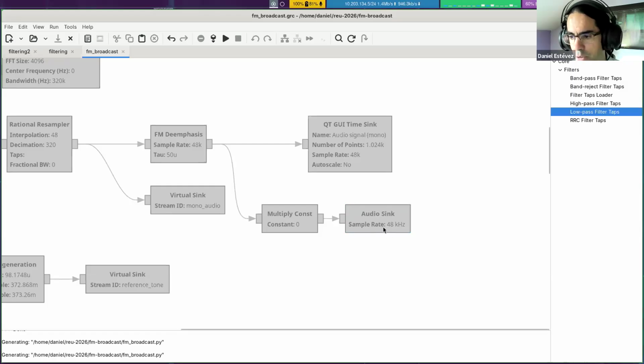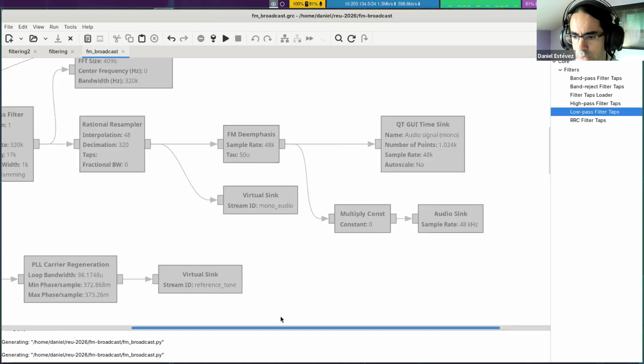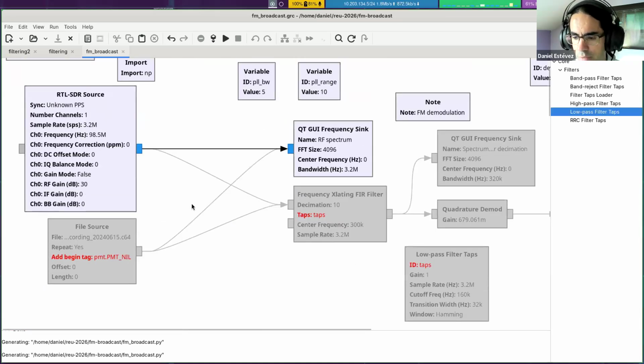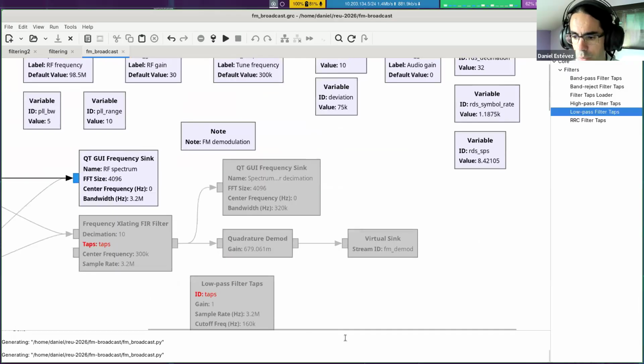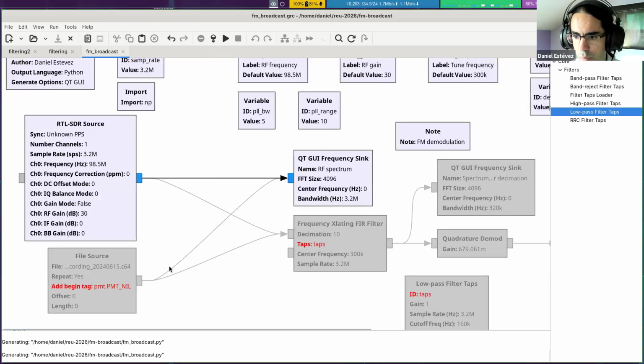Essentially, we are setting sample rate 48 kilohertz. So that will set the rate at which everything is running. But until we get to enable this audio sink, it will be necessary to include a throttle block here. Otherwise, this will just play in a loop very, very fast, and it will be difficult to see things.